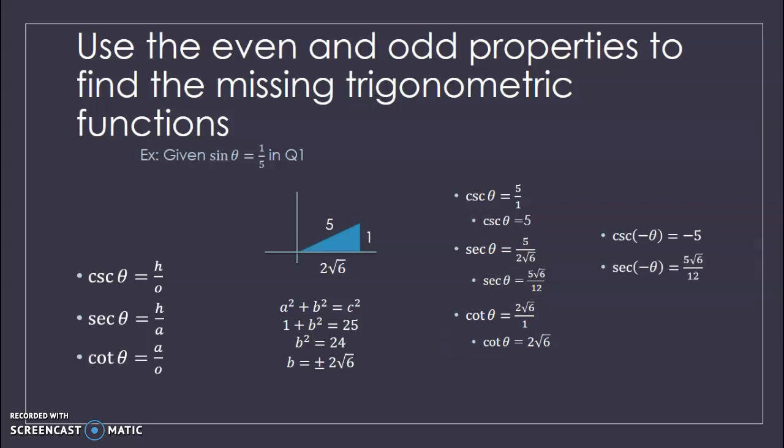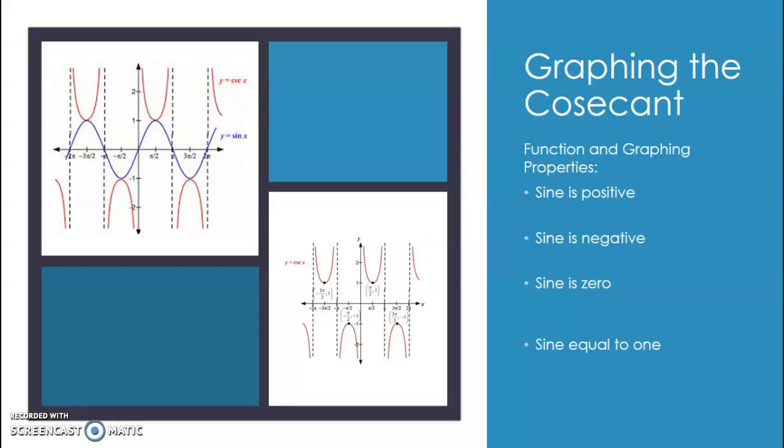Secant of negative theta keeps its sign, so 5 radical 6 over 12. And cotangent of negative theta changes sign, so negative 2 radical 6. And that gives us our missing trig functions using even and odd properties there. Okay. If you need to rewind this, listen to it again.